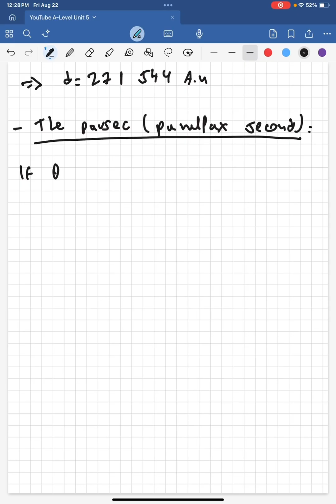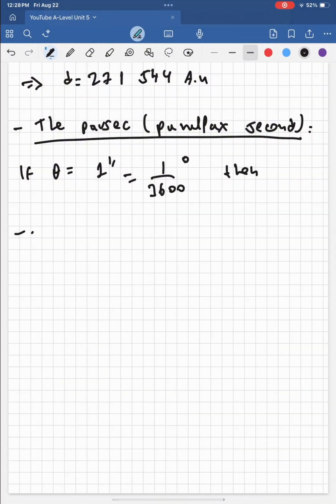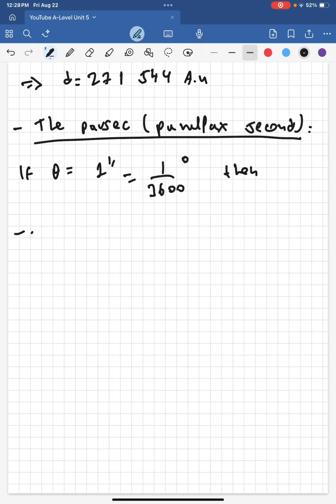If theta is 1 second, which is 1 over 3,600 of a degree, then the tangent of theta is 1 astronomical unit over d.